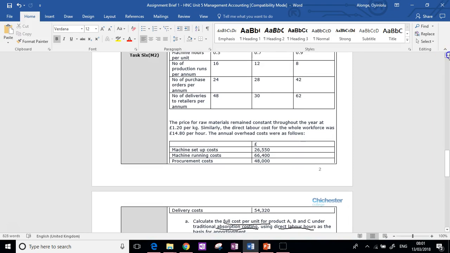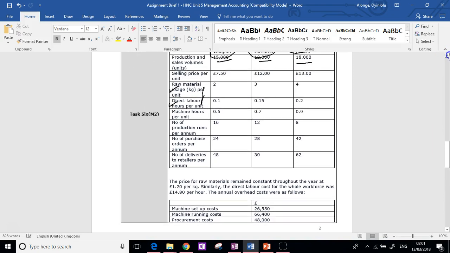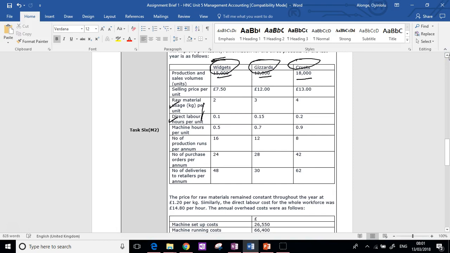All right. So what do I see here? It tells me that you used 0.1 labor hours per unit. So if you have 0.1 labor hours per unit and you made 15,000 units, that's 0.1 times 15,000, so 1,500 labor hours.